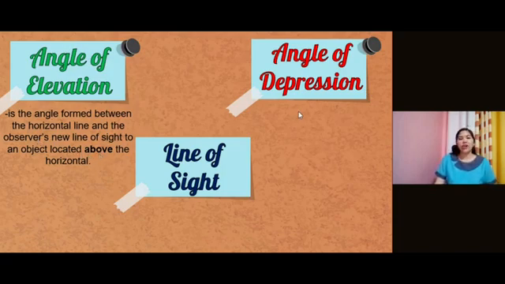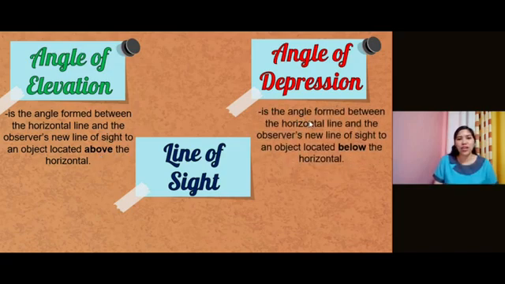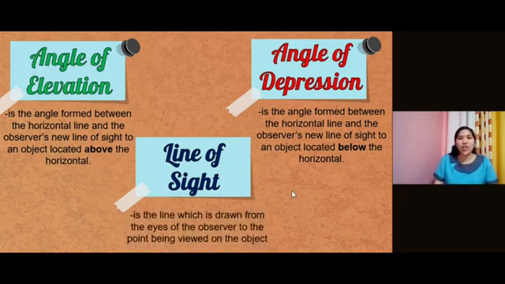When we say angle of depression, it is the angle that is formed between the horizontal line and your new line of sight to an object, take note, located below the horizontal. So you have here the two key terms: elevation that is above, depression that is below. And when we say line of sight, this is the line which is drawn from the eyes of the observer to the point being viewed on the object.